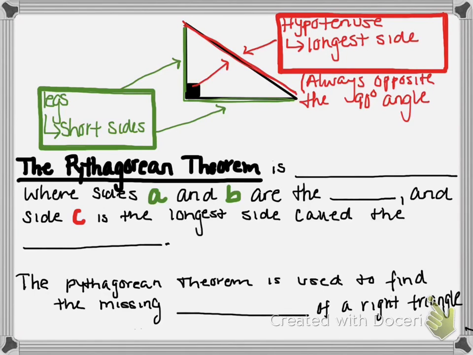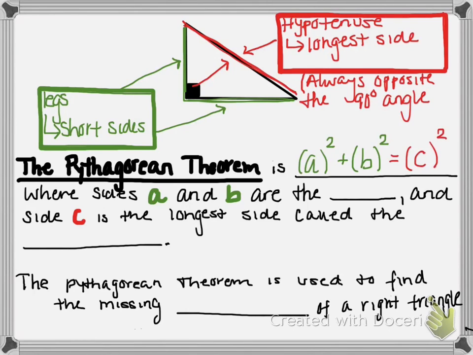So when we talk about the Pythagorean theorem, you also may have done this in geometry last year. The Pythagorean theorem is a squared plus b squared equals c squared. And I'm going to write that using the colors shown above. So a squared, notice how it's inside of parentheses, plus b squared, and that equals my c squared.